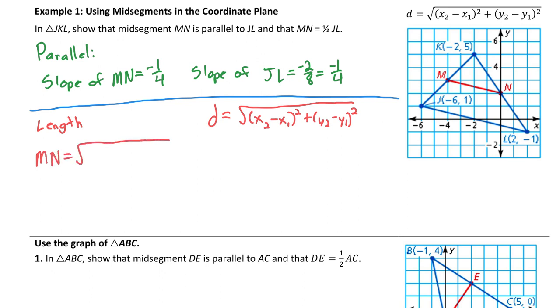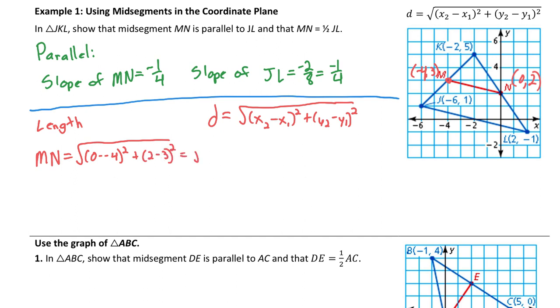M is the point -4, 3. N is 0, 2. So if I do x2 minus x1, that's 0 minus -4 squared, and then y2 minus y1 would be 2 minus 3 squared.